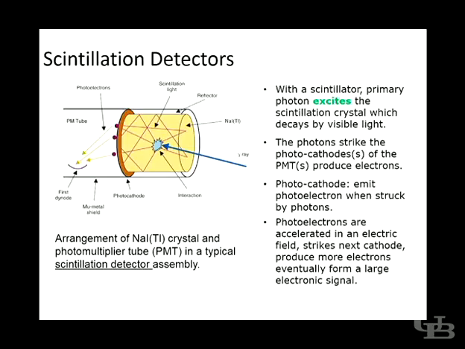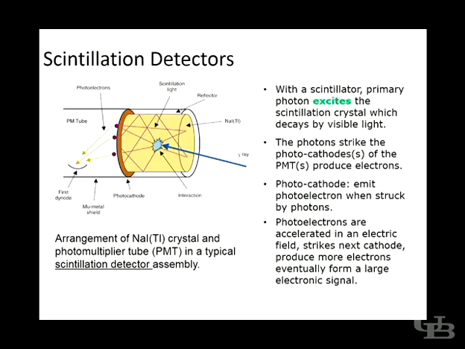The visible light is propagated to the interface of this scintillator with the photomultiplier tube. And the surface of that photomultiplier tube is called the photocathode.